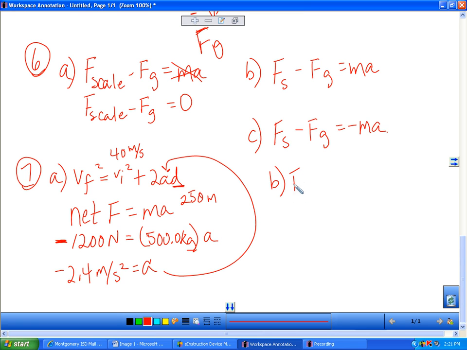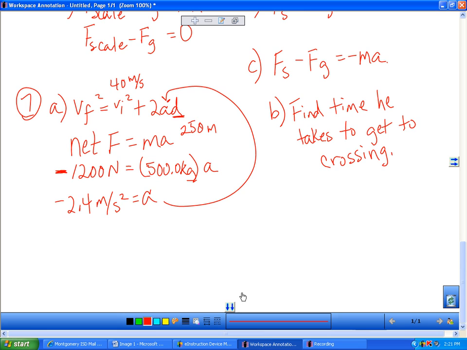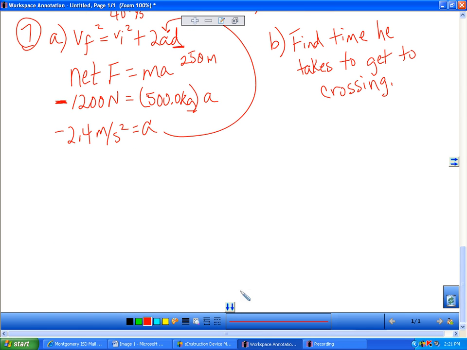So you need to find the time he takes to get to the crossing, and then compare that to the time it takes the railroad car to complete the crossing, and you'll know whether he's going to have an accident or not. Okay, we hope he doesn't, but it could be.